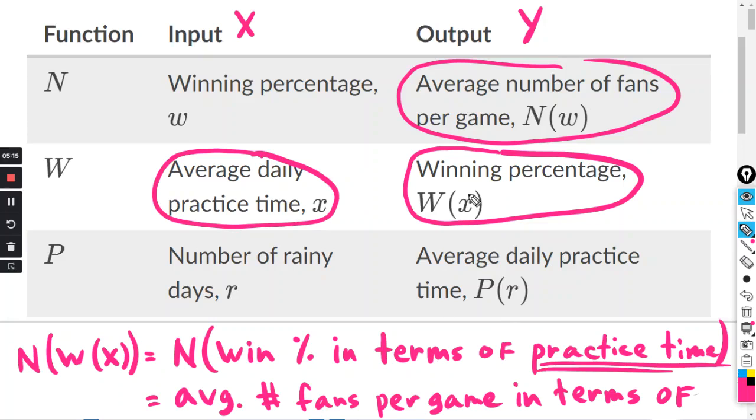Because we got the winning percentage from the practice time. And N is going to be the average number of fans per game in terms of that practice time.